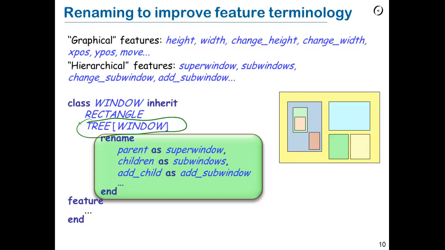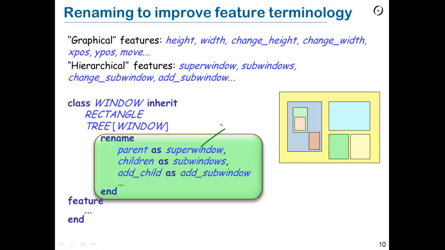Instead of parent of a window, we might want to talk about the super window of a window. Instead of the children, we might want to talk of the sub-windows, and so on. So renaming gives us that flexibility. We can inherit functionality that we like, but we don't have to keep the names if we don't like them, if we find they're not appropriate to our new context.